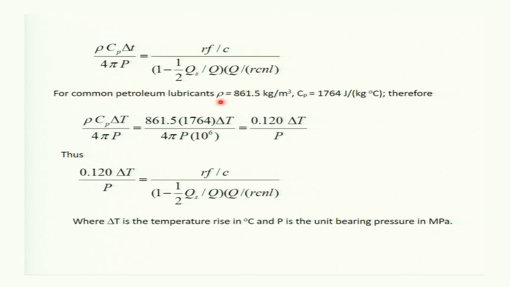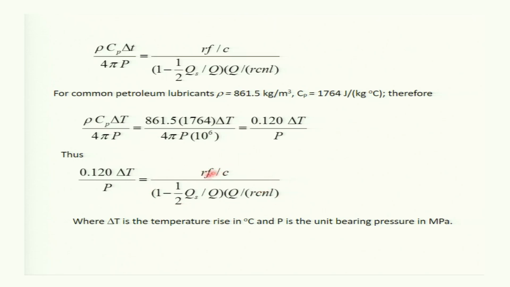For common petroleum lubricant, the density will be 861.5 kg per meter cube, Cp will be 1764 joule per kg degree centigrade. Therefore, rho Cp delta T divided by 4 pi P, substituting the values of rho, Cp and others, is given as 0.12 delta T divided by P. And this you can get from the different charts of Raimondi and Boyd.